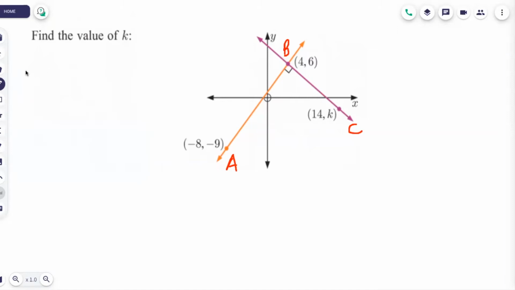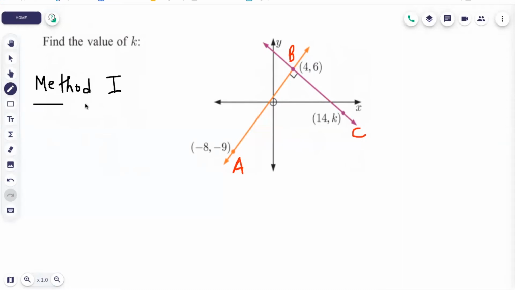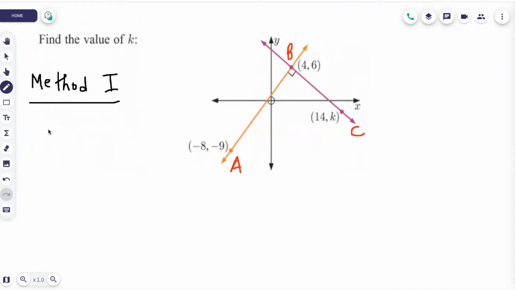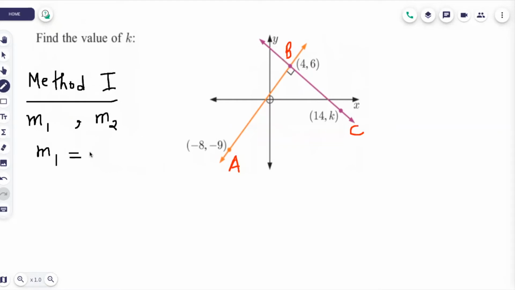The first method which I'm going to use here for solving this question is the connection between the gradients of two perpendicular lines. If there are two lines and M1 is the gradient of the first line, M2 is the gradient of the second line, then the gradient of the first line should be equal to the negative reciprocal of the gradient of the second line.